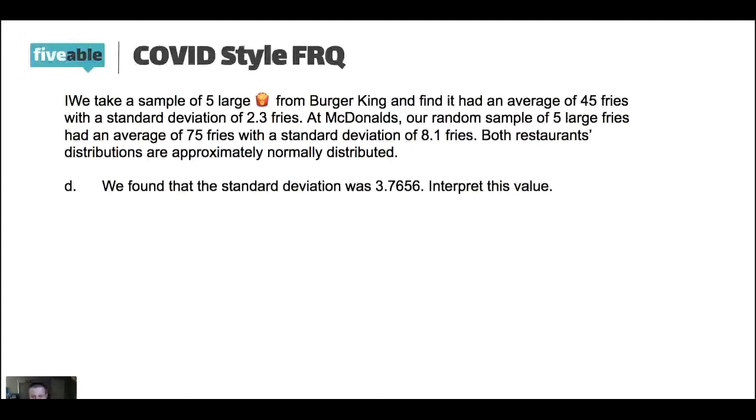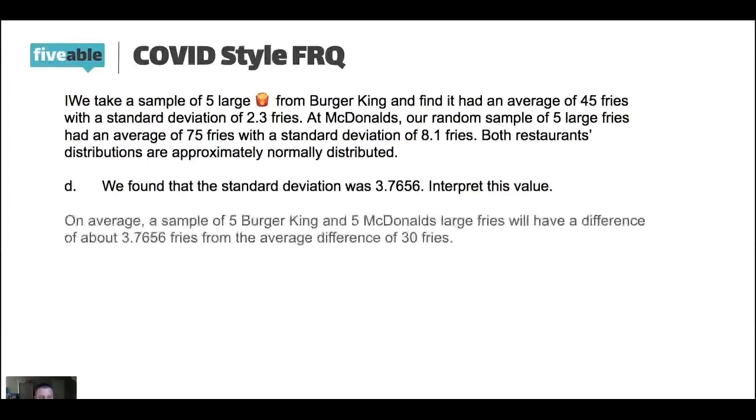So good chance to review that definition back from unit 1. On average, a sample of 5 Burger King and 5 McDonald's large fries will have a difference of about 3.7656 fries from the average difference of 30 fries.